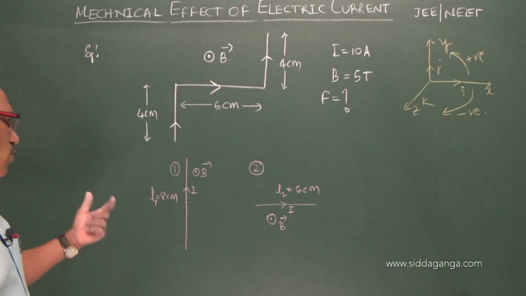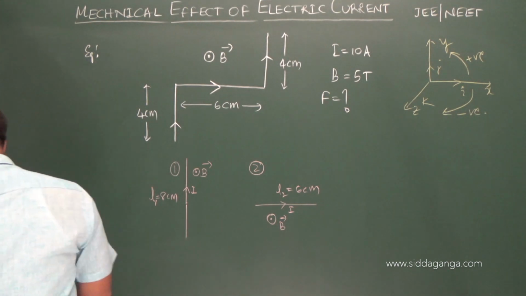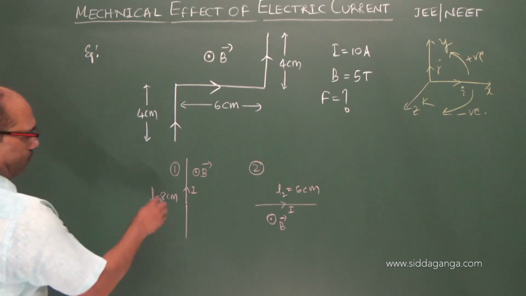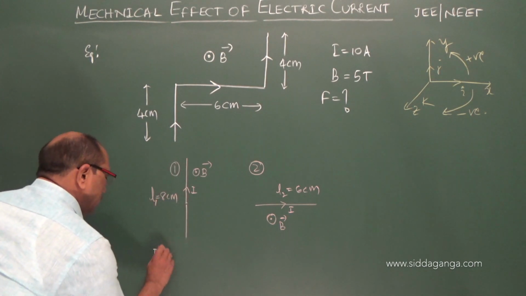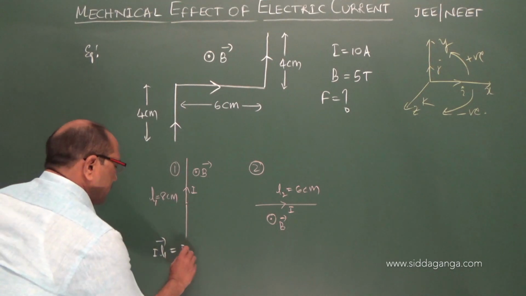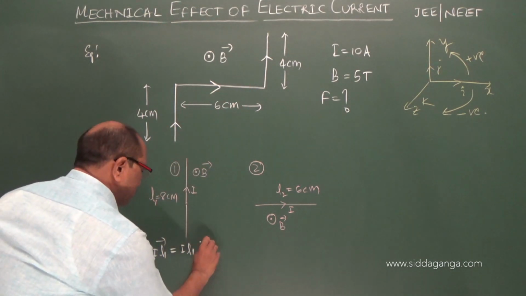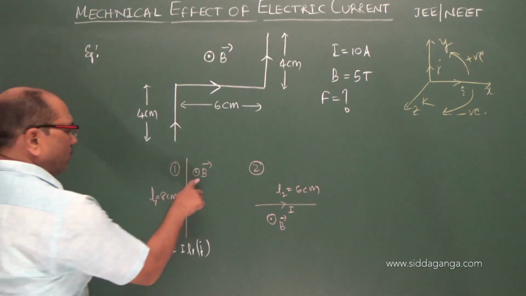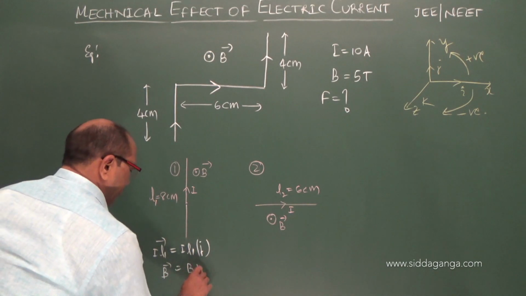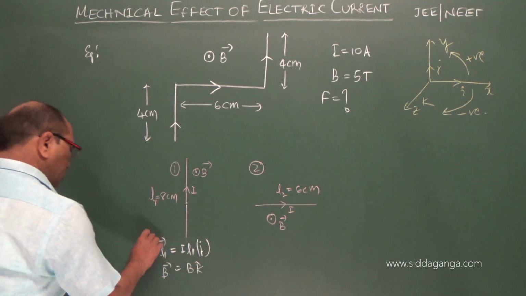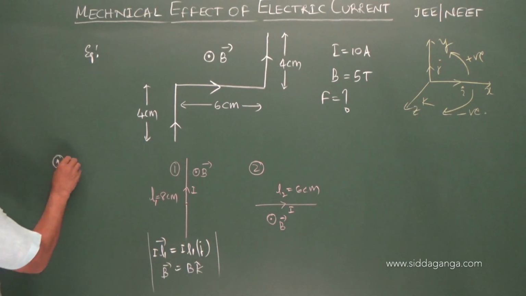Now see what happens in both cases, the value of the force. For this, I L1 into upward means j. B is outward, so B can be written as B k. This is one part where we can find the force for the first case.